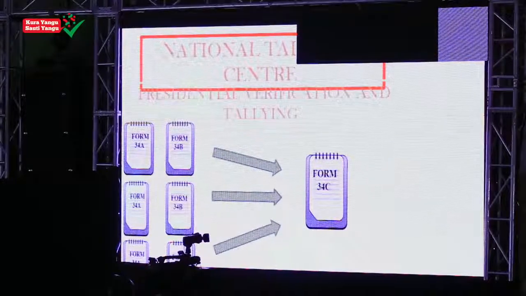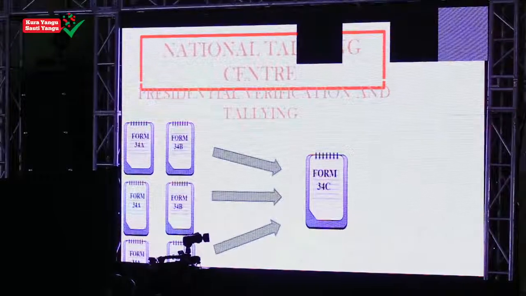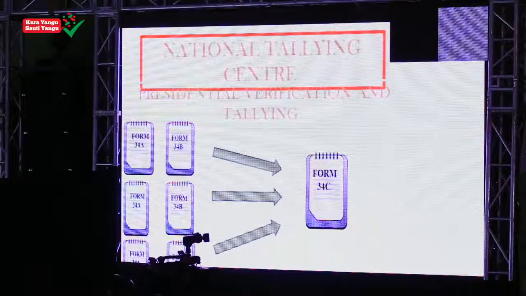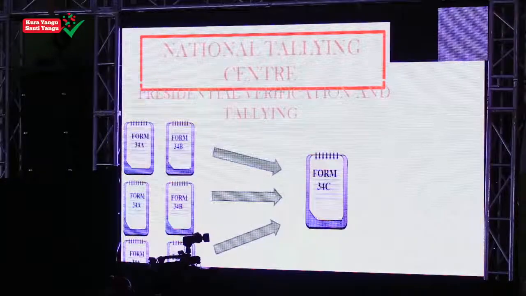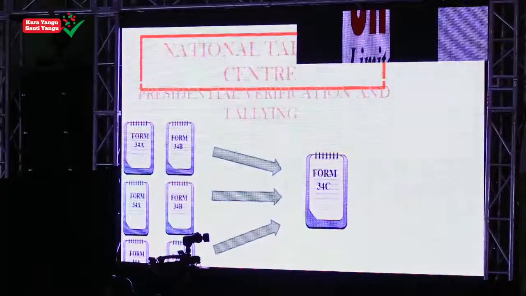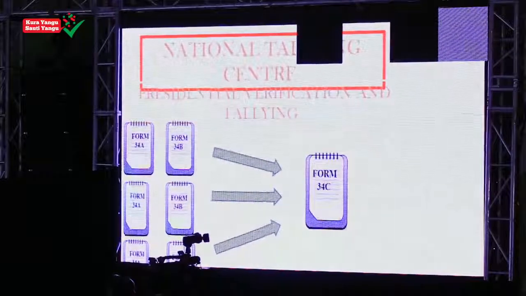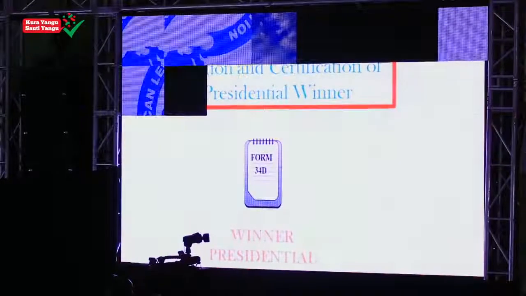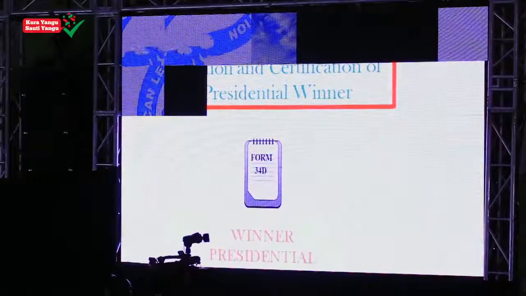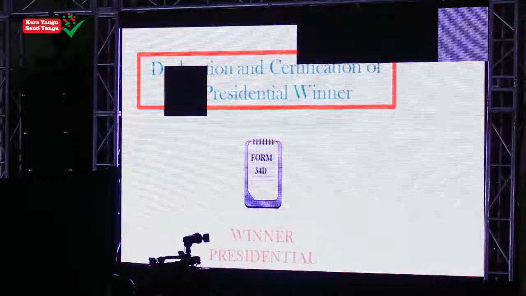The 34A and 34B, we now have a 34C series, which Professor Gulia, who was here earlier, spoke about in terms of presidential verification and tallying. And then that is the Bs and Cs, that is what happens. Next slide. The other forms, and then after we're using the 34D, the chairman then declares the presidential election winner.